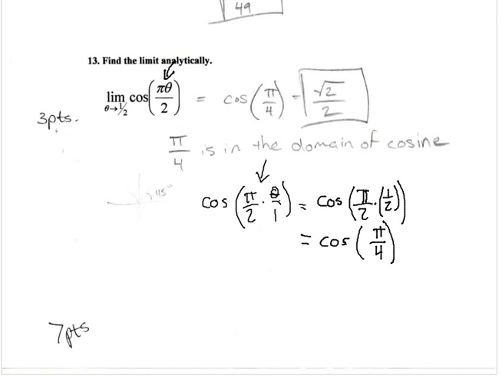And from our trig tables or our memorization techniques, or if we put it directly into the calculator, we would get a value of the square root of 2 over 2. And so we can use direct substitution on this. There's no problem with that. And that's the answer to the question. All right. So we'll put the rest in another video.